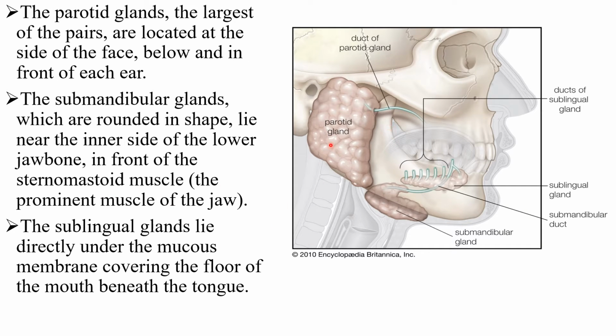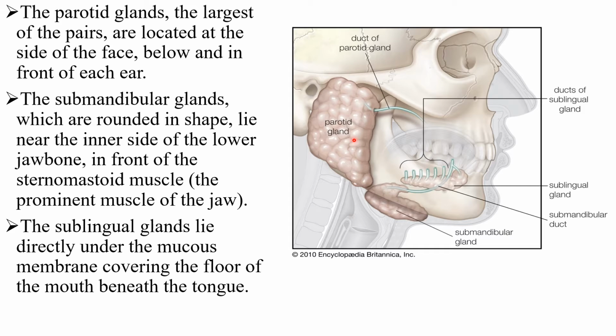As you can see here, based on the structure and shape and size, these parotid glands are the largest pairs and are located at the side of the face, below and in front of each ear. So this is the parotid gland.